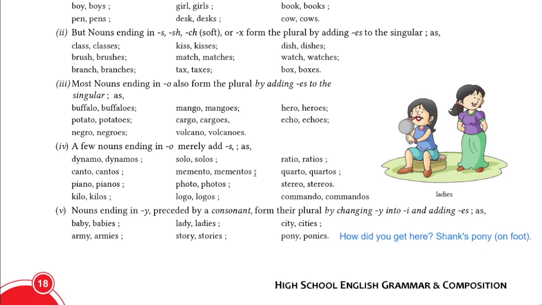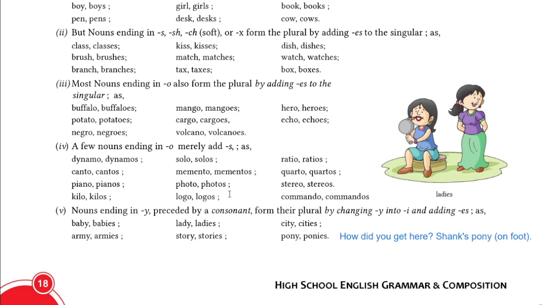We also call it memento. During holidays, you visit a historical place and you purchase something from there that reminds you of that place that you once visited. It's called souvenir or memento. Memento, mementos. Photo again ends in o, but it would only take s at the end to form its plural.